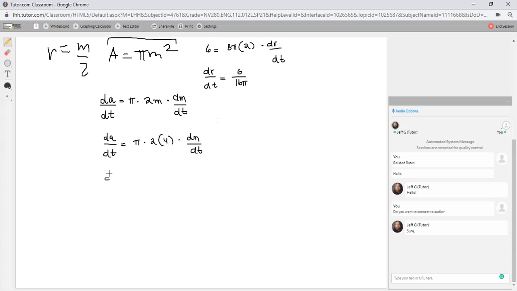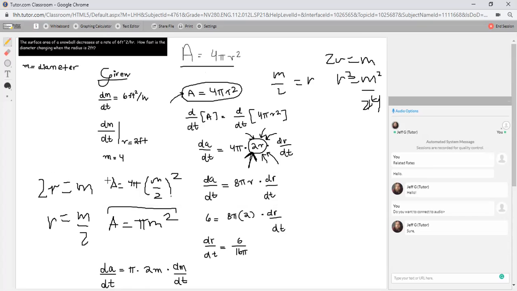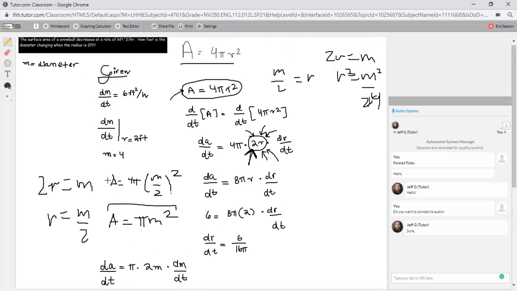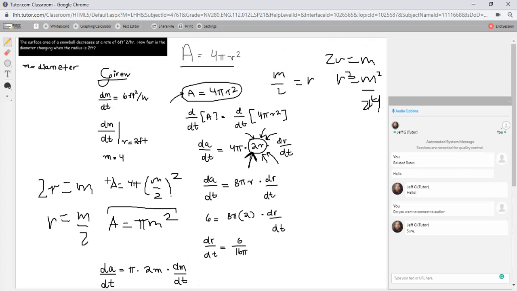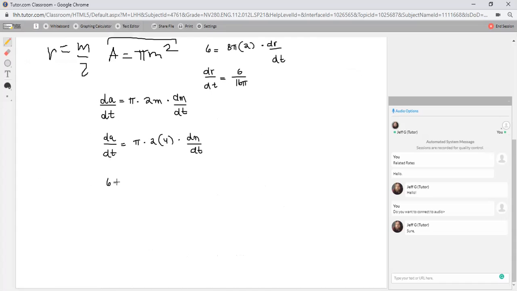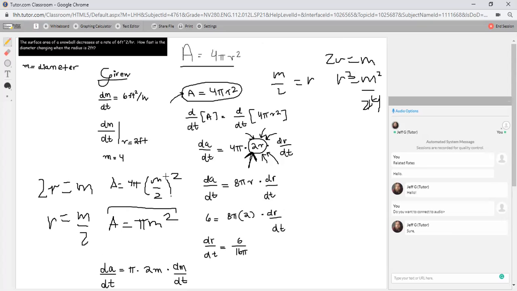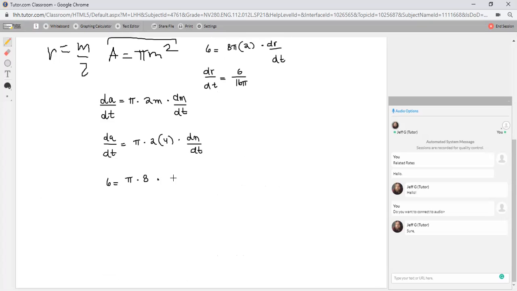Let's start plugging in things. dA over dt is 6, and it's equated to pi times 8 times dm over dt. That would be something we want to solve for.